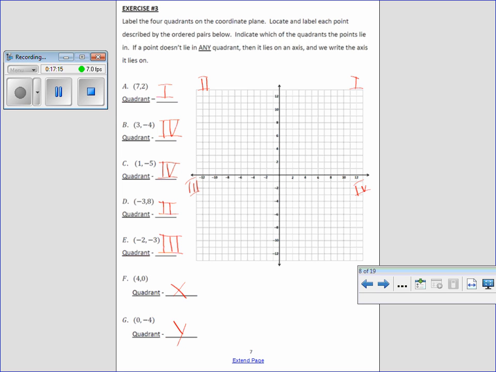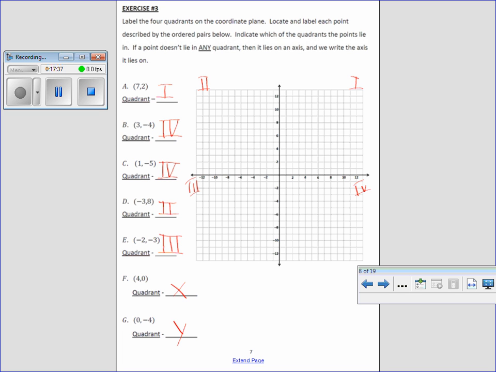Okay, well, now what's not on this sheet is something that I want to try with you. This is kind of the advanced part, that you can identify what quadrant a point is in by the positive or negative values in its coordinates. So for all of the points in quadrant 1, the x-coordinate is positive, the y-coordinate is positive. Agreed?